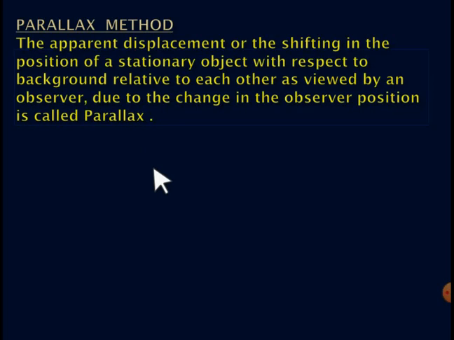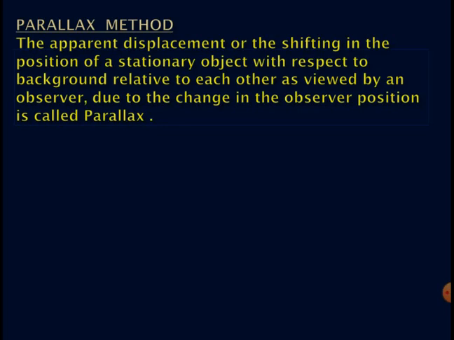Then the tip of the pen will have its point on the background, say for example on the wall. But if you change the position of your eye, by closing one eye and opening the other and watching it, then the position of the tip will shift onto the background of the wall.